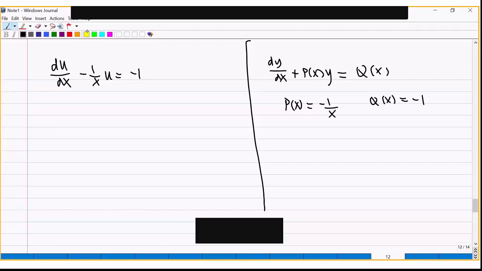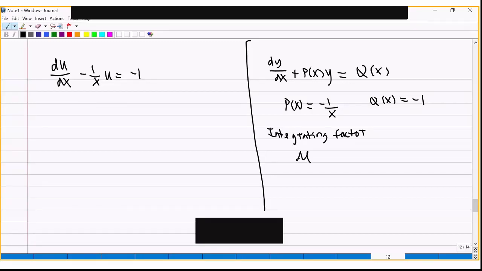By comparing, minus 1 over x is your p(x) now, and q(x) is minus 1. So how to continue this type of equation? You use an integrating factor.